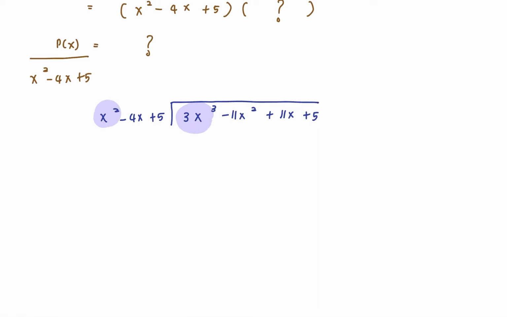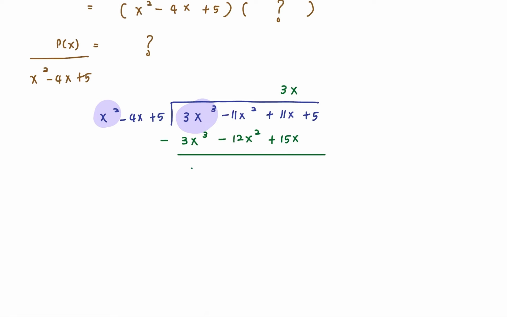If you multiply with x squared, you get 3x cubed. So you have 3x. So put it here. 3x times x squared is 3x cubed. 3x multiply with negative 4x, you have negative 12x squared. 3x multiply with 5, you have 15x. And then minus.